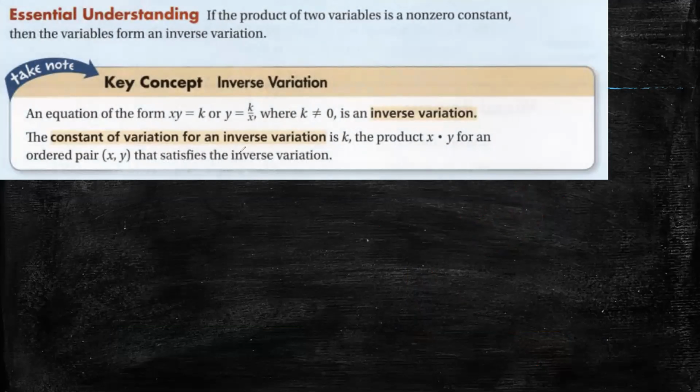Now, how can we classify between the direct and the inverse? In the inverse, the product of two variables is a non-zero constant. If you multiply the variables x and y and you get a constant k, so you write it as y equals k over x.